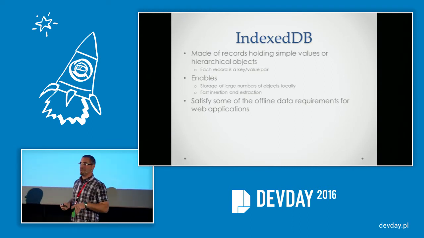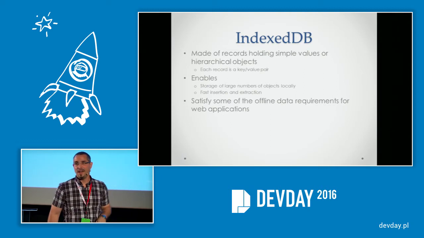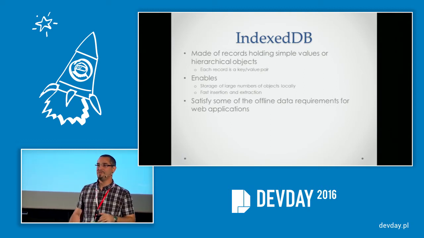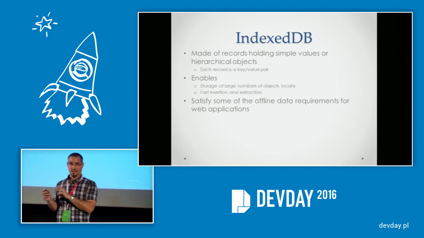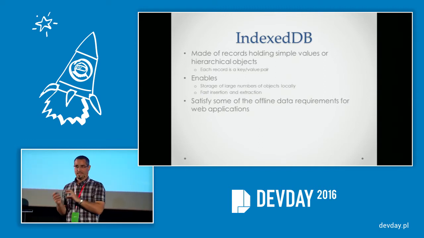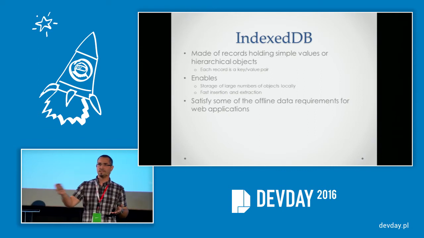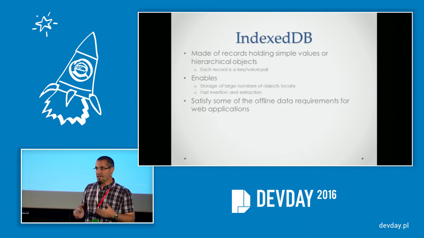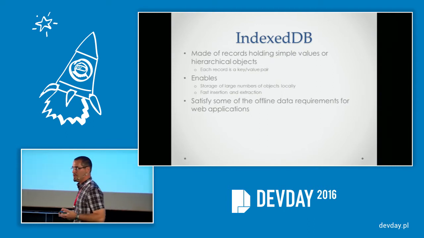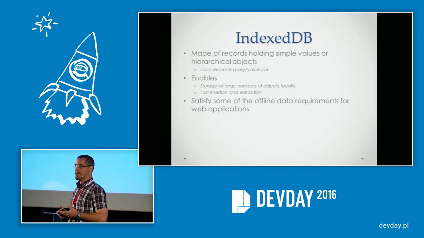There is a session by Phil Nash about service worker. Here's Phil. He will probably talk about offline scenarios, and IndexedDB really suits this scenario, because you can store data in the client side when you're offline, and then you can synchronize that data once you go online.